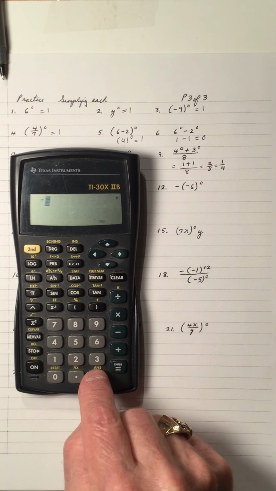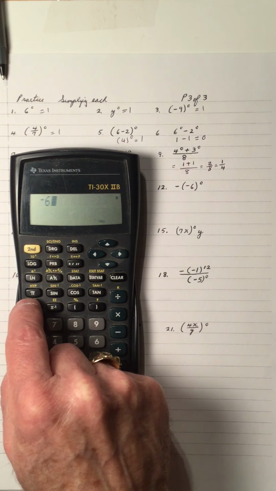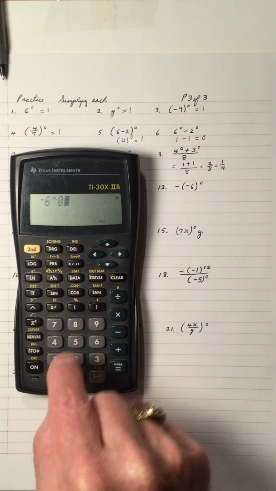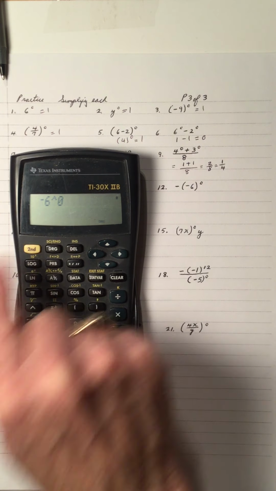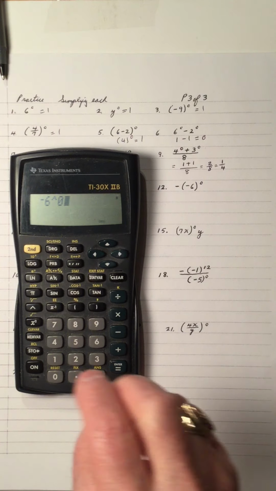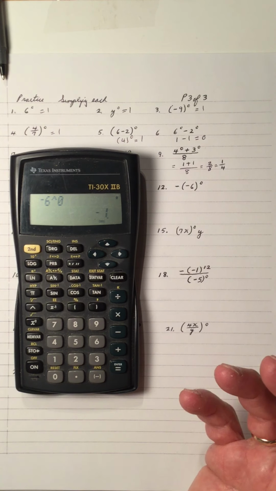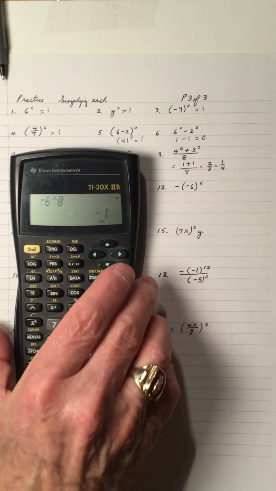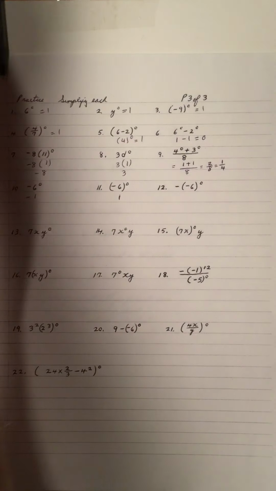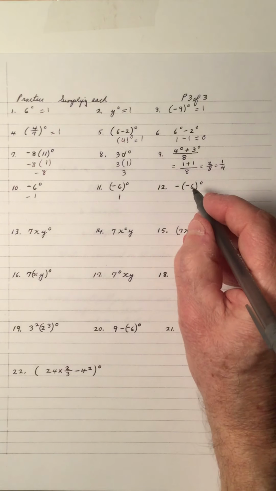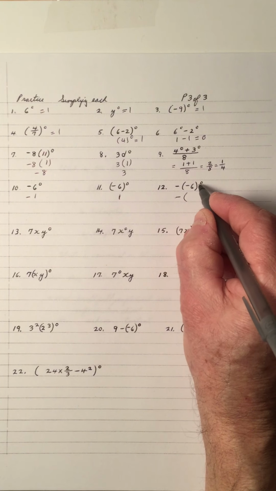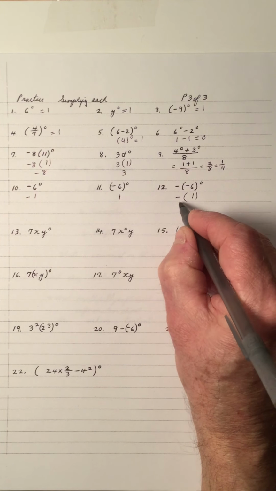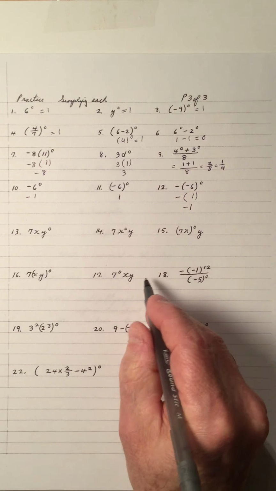If I put negative 6 and raise that to the 0 power, notice there's no bracket on the 6, so that's the negative of 6 to the 0. Be careful. Very, very important to note the distinction. So this is the negative of, so the negative 6 to the 0 power is 1. So that's the negative of 1, which is negative 1.